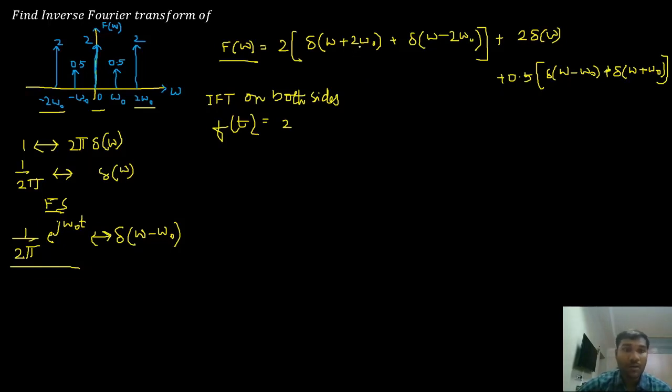In the first case, omega naught is nothing but minus 2 omega naught, right? There's a negative symbol here. So the inverse Fourier transform of that is going to be 1 by 2 pi e power minus j 2 omega naught t plus 1 by 2 pi e power j 2 omega naught t.